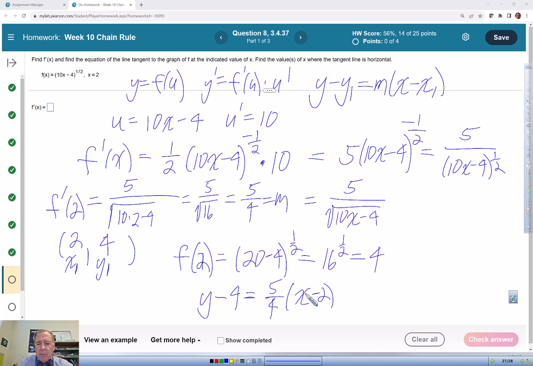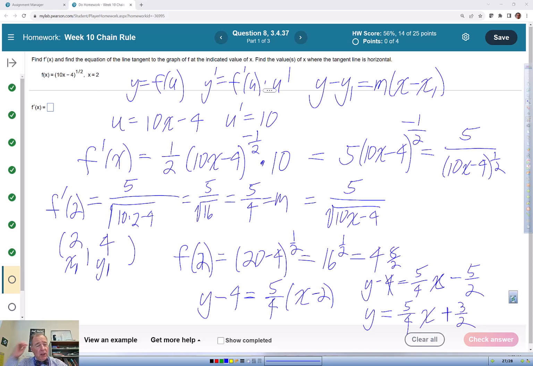So we'll go ahead and put this in slope-intercept form. y minus 4 equals 5/4 x, and then this is going to give me minus the 2 and the 4 will cancel to a 1/2, so minus 5/2. This is 8/2, so y equals 5/4 x plus 3/2.